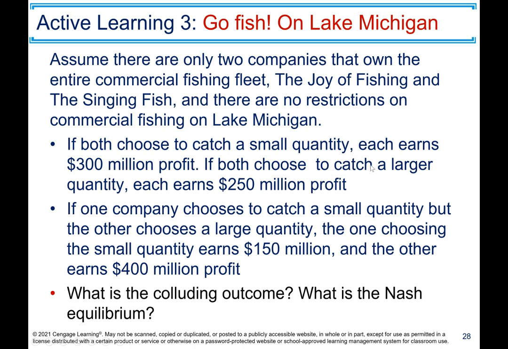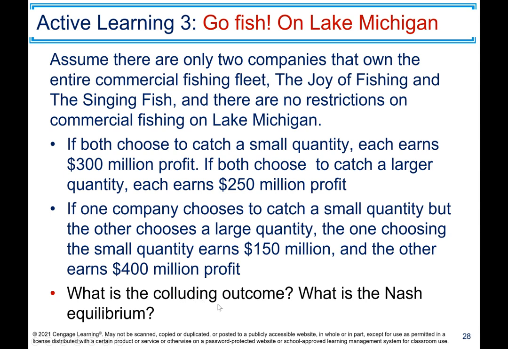If both choose to catch a larger quantity, each earns $250 million. If one company chooses a small quantity but the other chooses a large quantity, the one choosing the small quantity earns $150 million and the other earns $400 million profit.